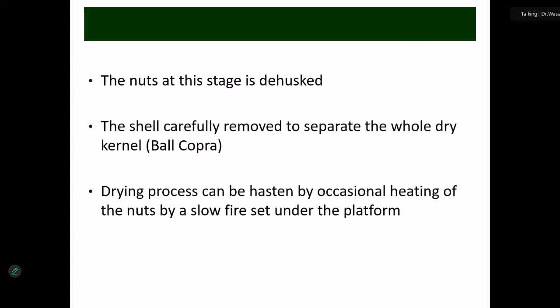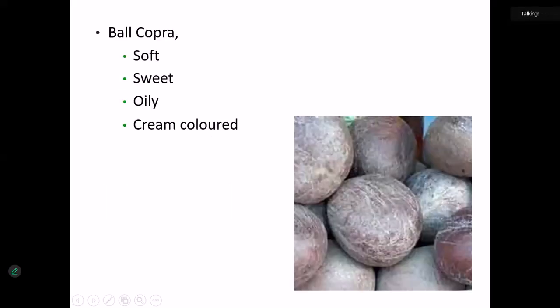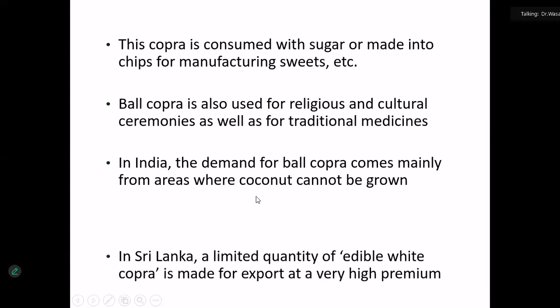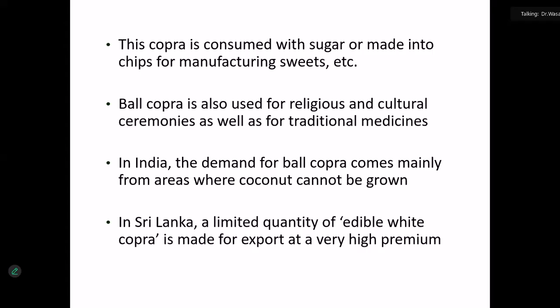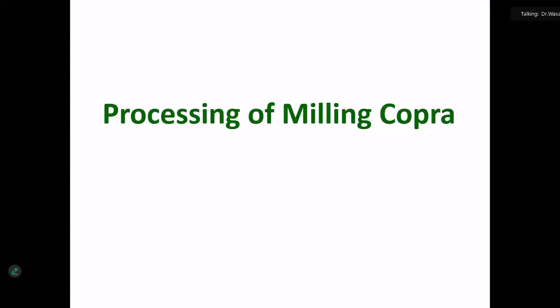Then you can dehusk, remove the husk, then carefully remove the shell to separate the whole dry kernel. That's called boiled copra. It is soft, sweet, oily, and creamy. It is normally used as a dessert or for some religious purpose.